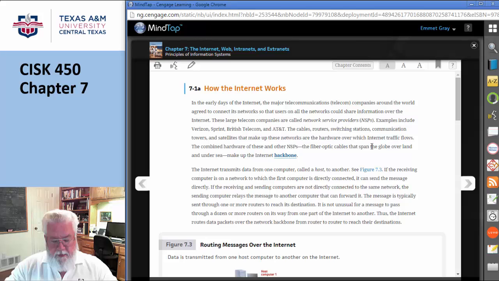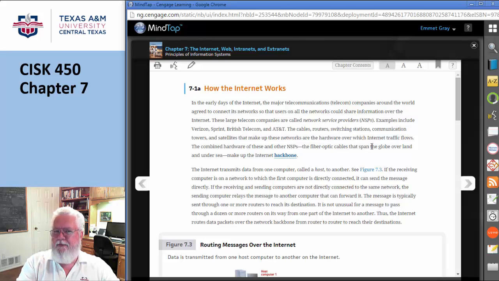Another interesting thing behind the backbones is it's not really a written law per se, but the communication tariff setups are such that competing companies aren't allowed to say, well, this is only for my traffic, I'm not going to route any of your traffic through my backbone. It's not like that.